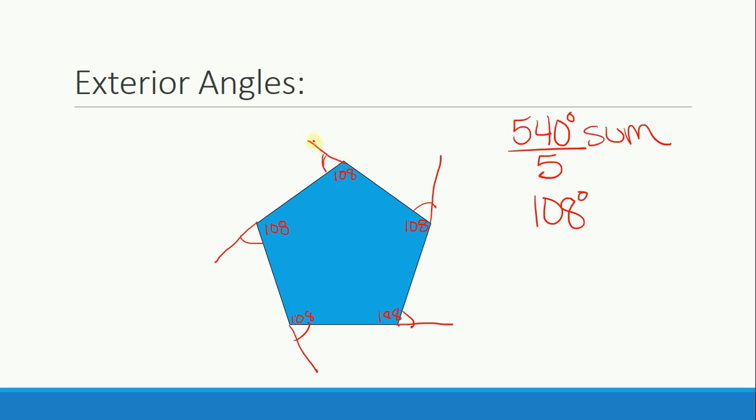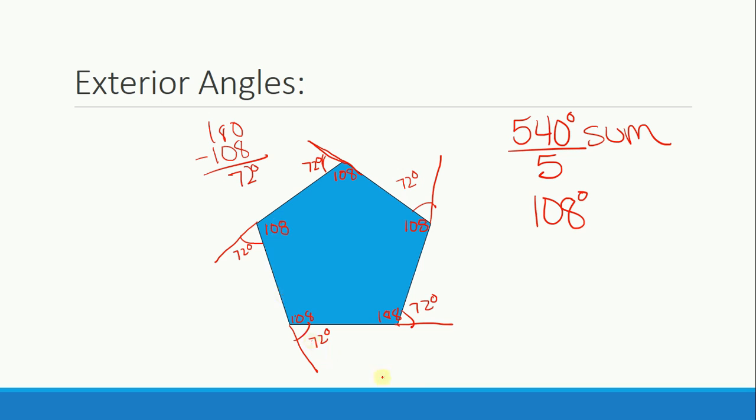I know that these two angles, the exterior plus the interior, have to make 180 because they are a linear pair. They form a line. So 180 minus 108 would be 72 degrees. Yep. So this is 72. Same thing here, and same thing again and again.